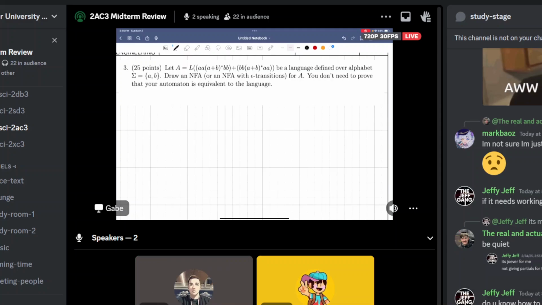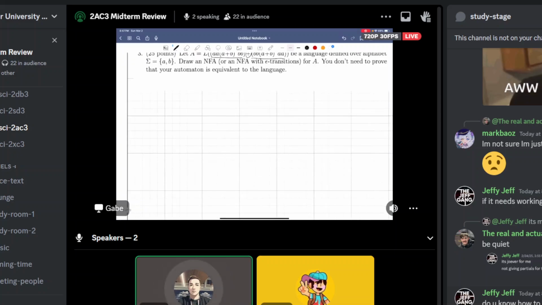Okay. So question 3 is asking us to draw an NFA for some regular expression. The first thing I notice when I look at this is that there is an OR separating two different regular expressions.